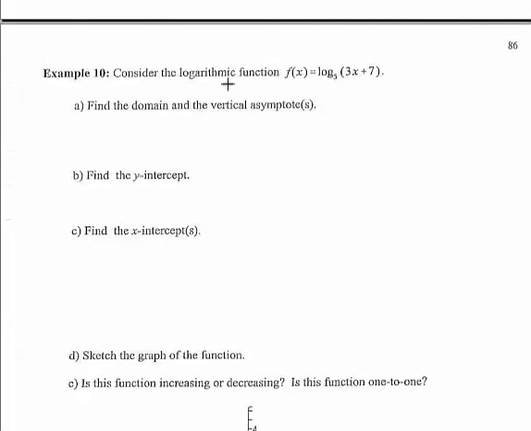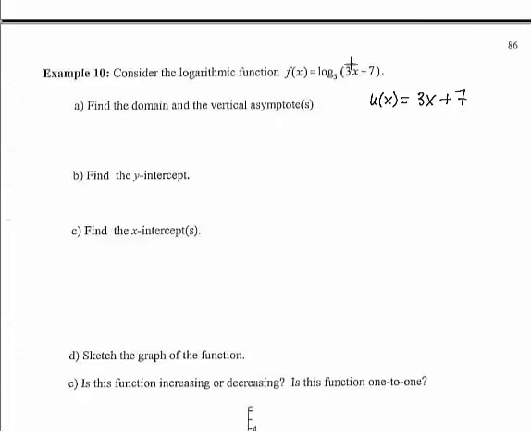Example 10, consider the logarithmic function log base 5 of 3x plus 7. And here, u of x is 3x plus 7. And this is a linear function. It says find the domain and the vertical asymptotes.